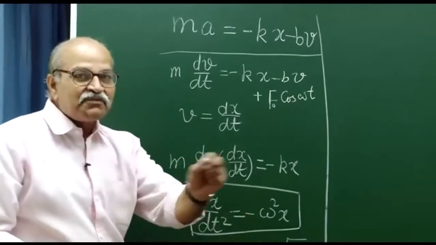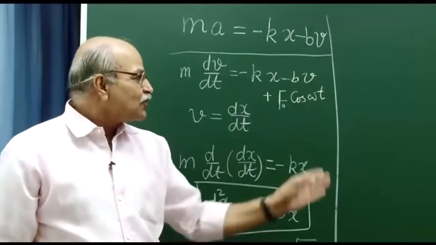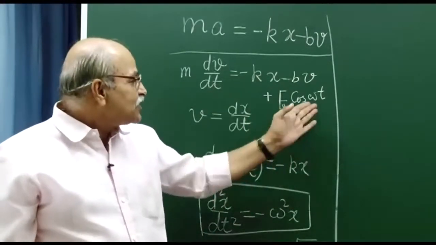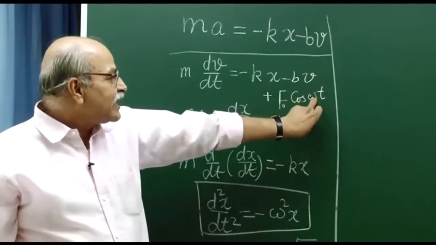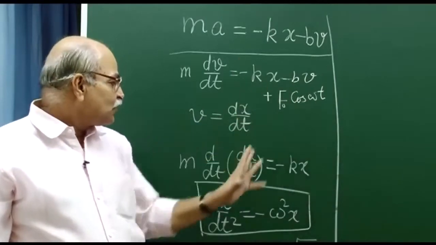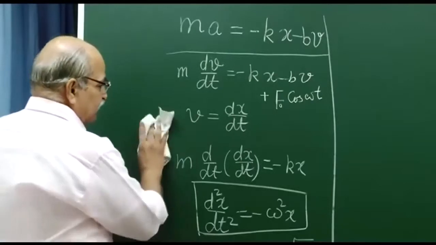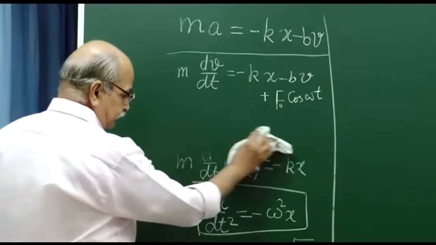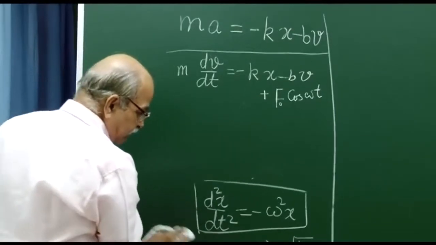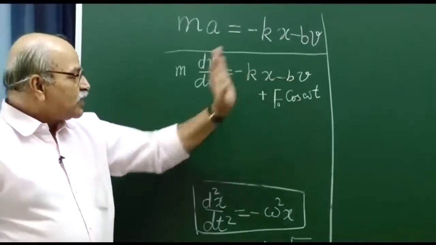Of course, when I am giving this periodic force through my fingers, I am not following that nice smooth cos omega t variation, but nevertheless let us say at some frequency omega we are applying an external force. So, what will be the effect of this part and this part?